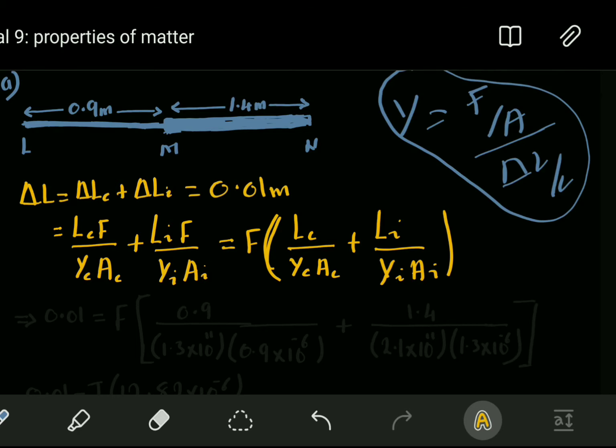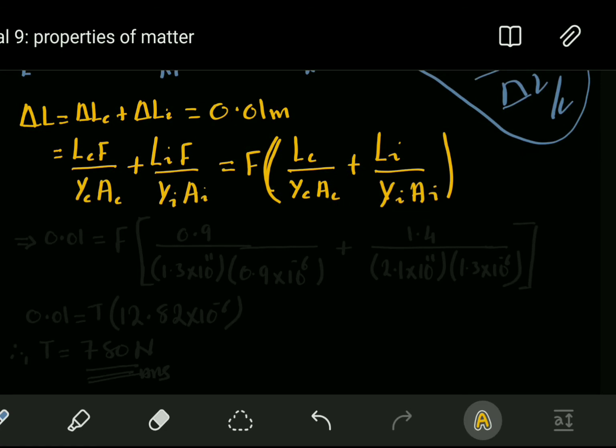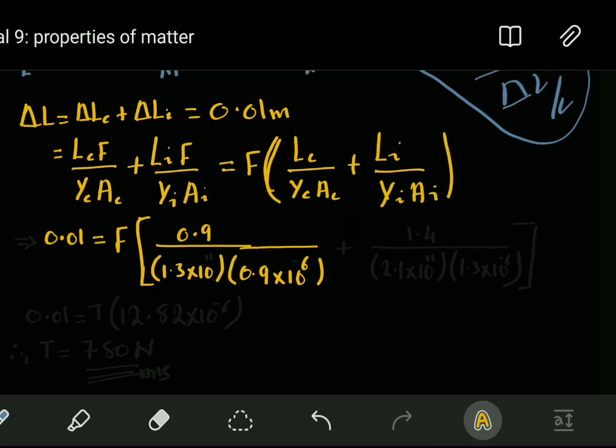Therefore we proceed and say the total change in length, which is 0.01, is equal to F times the length of copper divided by the Young's modulus times the area of copper, plus the length of iron divided by the Young's modulus for iron times the area for iron.